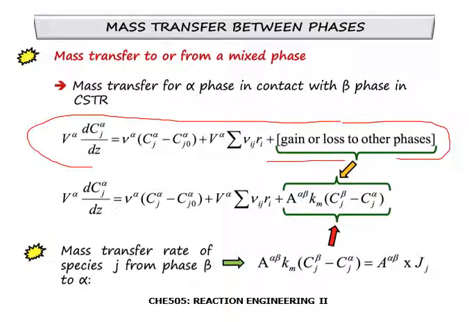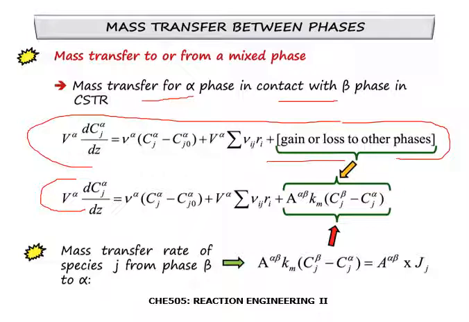The mass transfer rate. So for example, this one. For species J, you can include the volumetric concentration of unreacted J at the alpha phase. This is, for example, for J in mass transfer from alpha, which is in contact with beta.